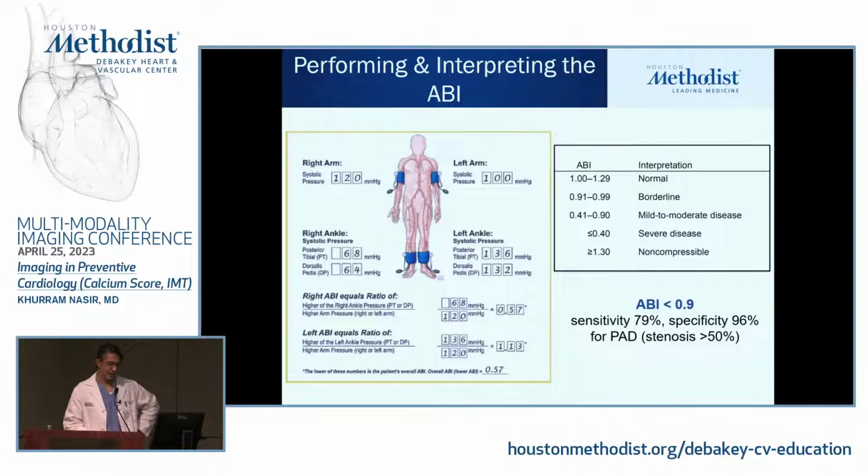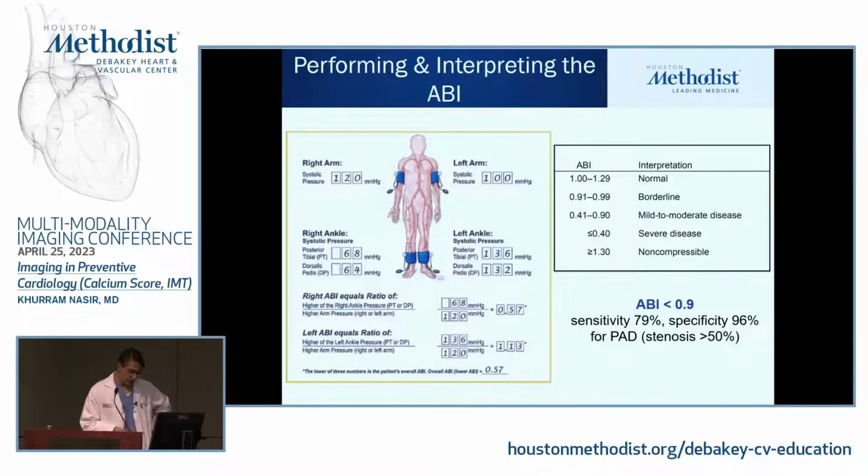The other reason is that part of the equation is to use the higher of the right ankle pressures, be it the posterior tibialis or the dorsalis pedis, divided by the higher arm pressure, whether it's the right or left arm. So in this particular case, if we focus on the right side, right arm pressure was 120, left arm pressure was 100.